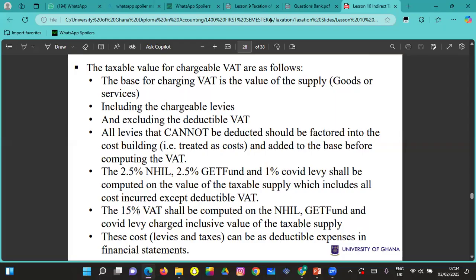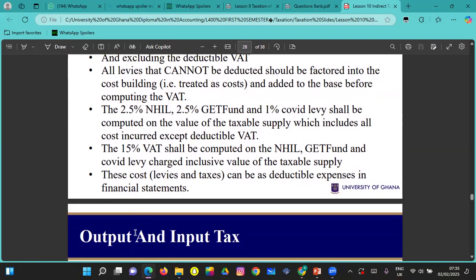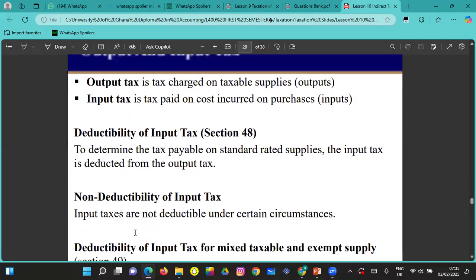The 15% VAT shall be computed on the NHIL, GET Fund and COVID levy charge inclusive value of the taxable supply. These costs, in brackets levies and taxes, can be deductible expenses in the financial statement.